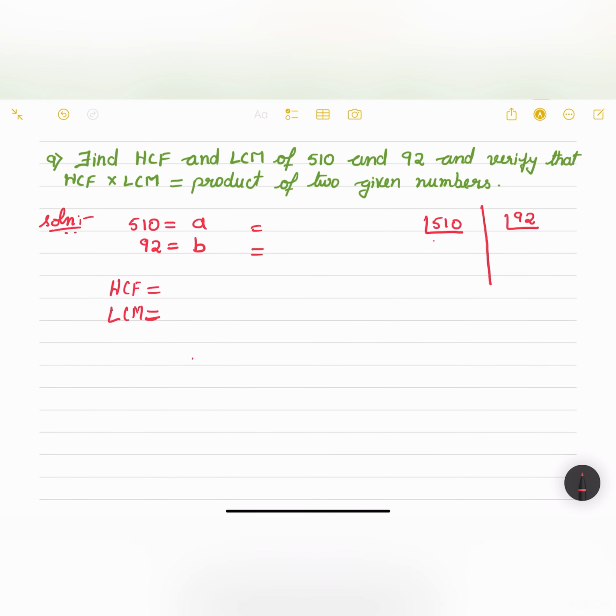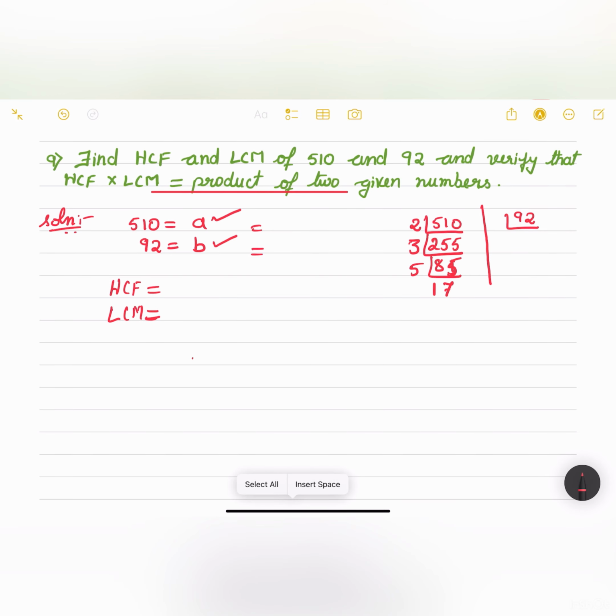Find the HCF and LCM of 510 and 92 and verify that HCF into LCM is equal to product of two given numbers. Let me take 510 as A and B as 92. If you find out the prime factors of 510, it is 2, 255s are, then this will be 3, 85s are, 5, and 17.